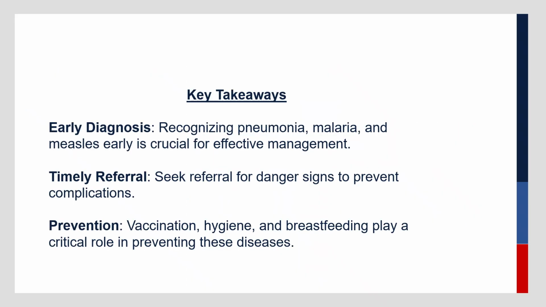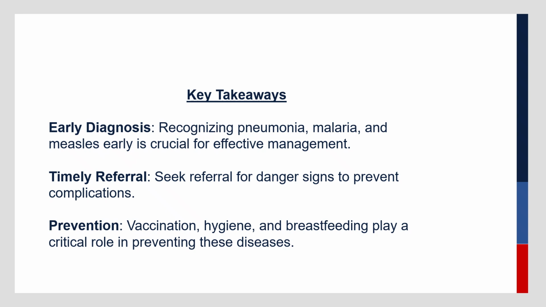So that is it for today. The key message from today's session is that early diagnosis is very important. By early diagnosing and managing, you can actually prevent a lot of mortality in children. And timely referral is again very important.